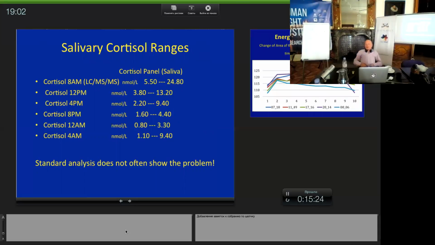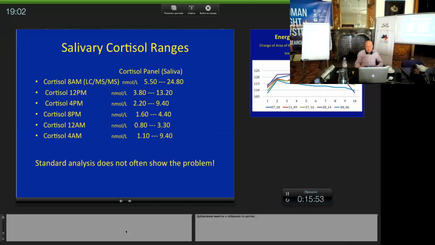Because cortisol is the hormone of survival, it should be the highest in the morning, and then it should come down during the day. That's why if you just measure cortisol at some moment during the day, it has no meaning at all, because you see numbers from 5 to 25. It's no information at all.